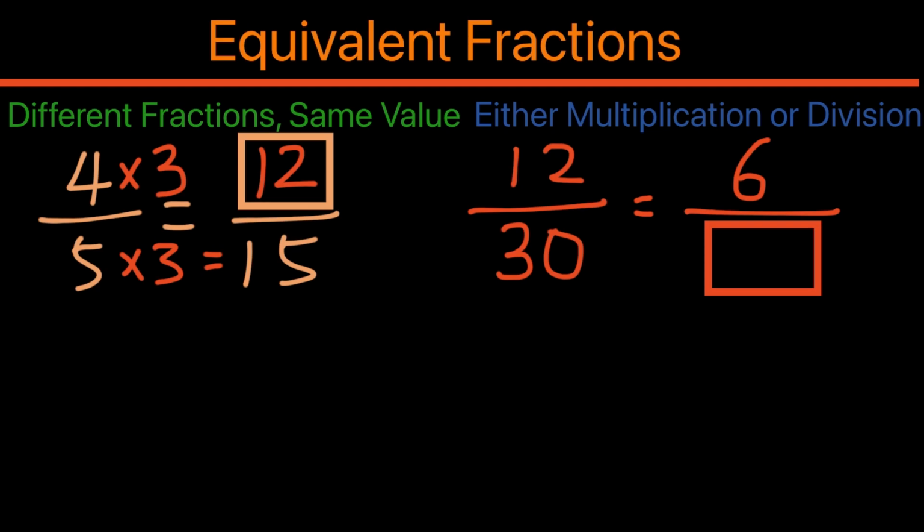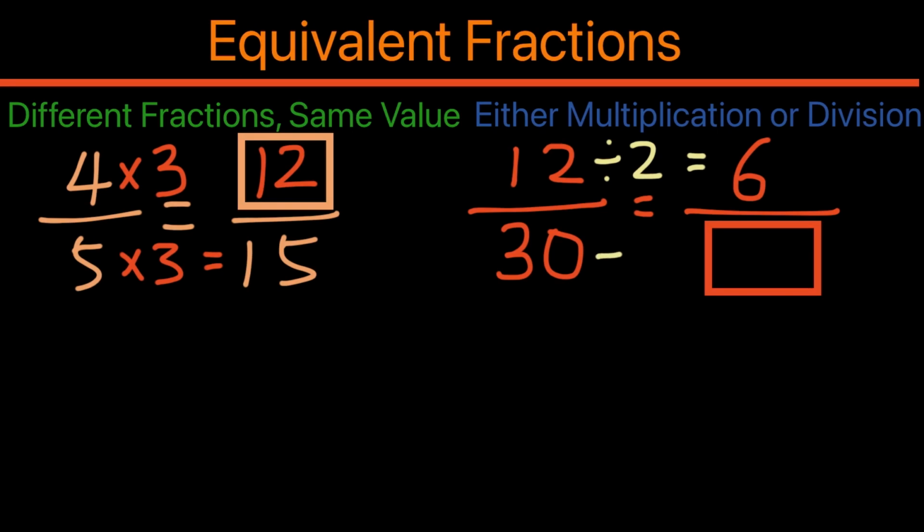So 12 over 15 would be the answer. Now what about this one? It's asking for the denominator value and giving you the numerator value. So 12 over 30 equals 6 over what number? So an example like this, we will find out the numerator is divided by 2 to reach 6.